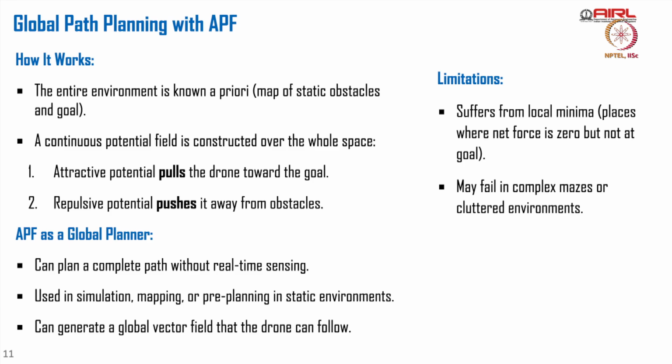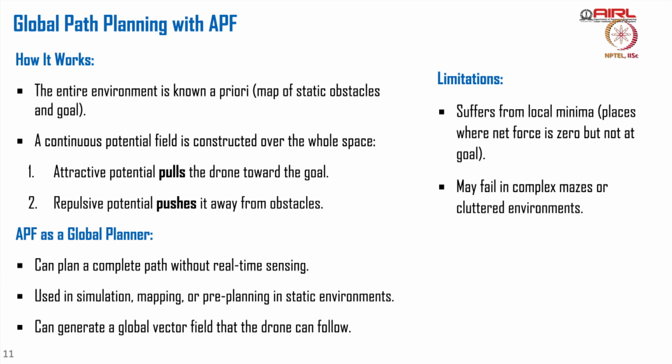But if the terrain changes due to certain things, it will not be able to handle it. That's where you need sensing. The assumption here is the terrain doesn't change. The static obstacles remain the same. Then I can use APF as a global path planner and generate a trajectory which will provide safe navigation of the drone from the initial position to the goal position.